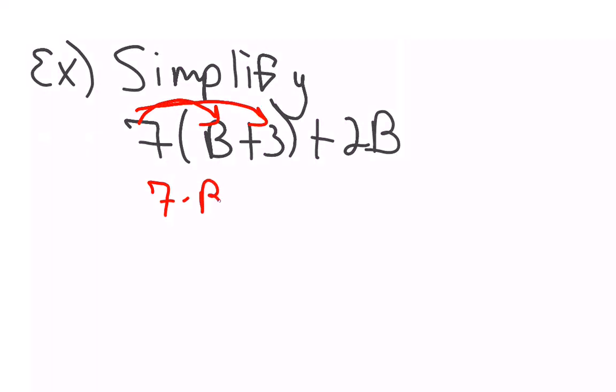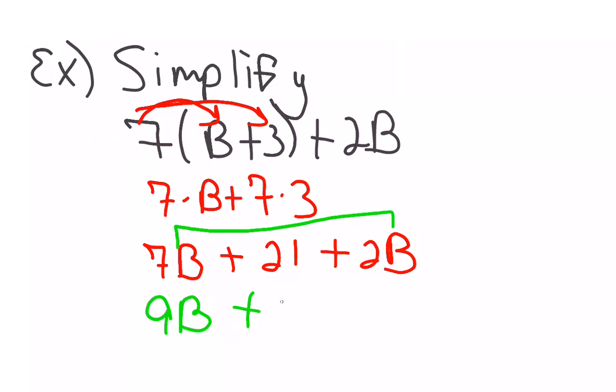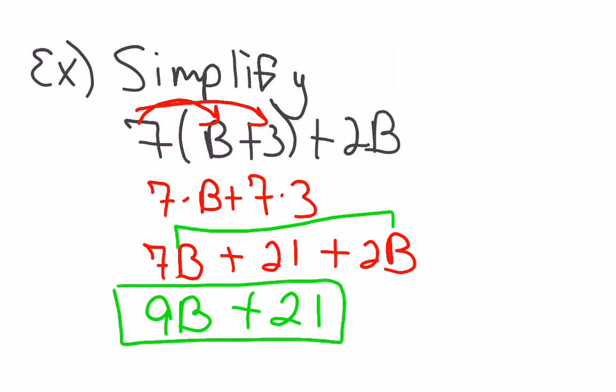So it's 7 times the b plus the 7 times the 3. So we have 7b plus 7 times 3 is 21. And then plus the 2b that was part of the original problem. Looking for like terms, the b terms are alike. 7b plus 2b gives us 9b. And the 21 is still there. And so there's our answer.